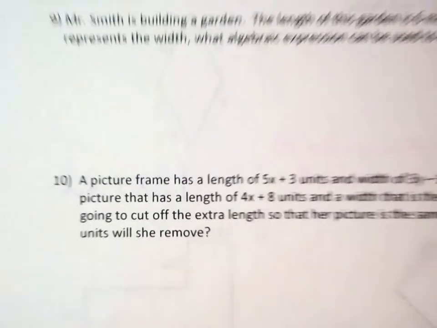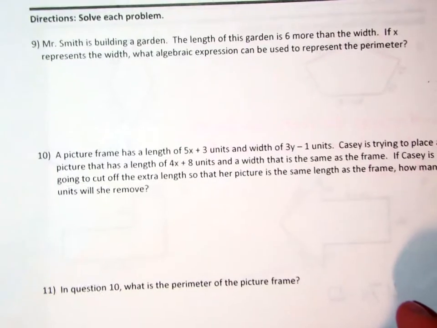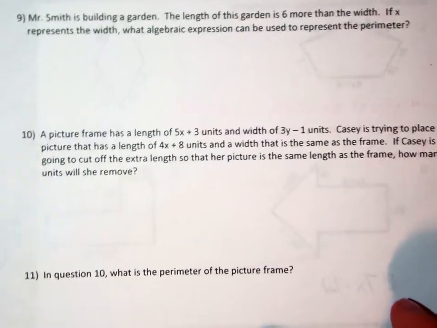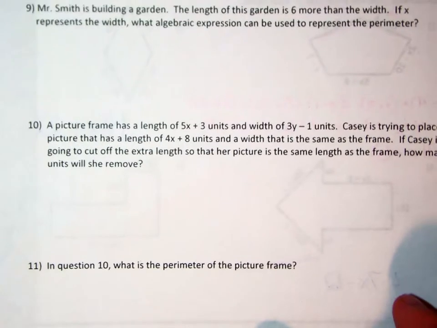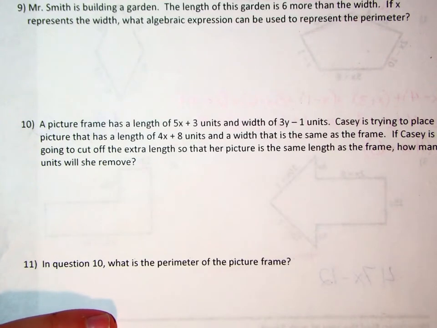Let's look at one or two of these word problems. So problem number 9 says Mr. Smith is building a garden. The length of the garden is 6 more than the width.